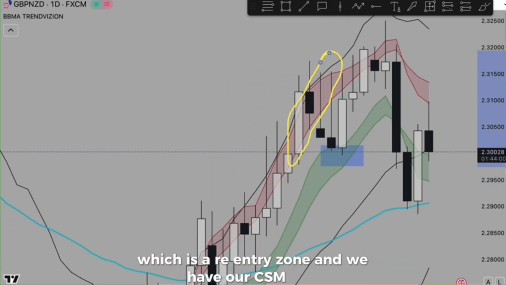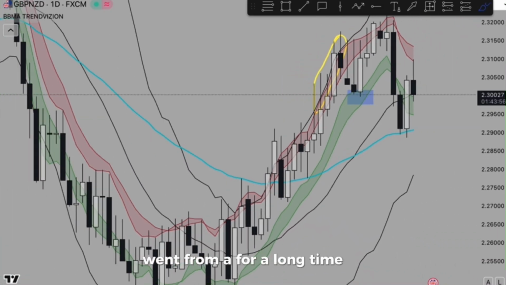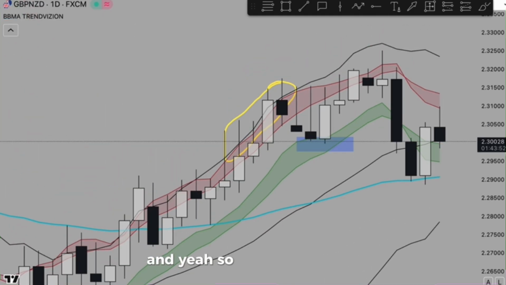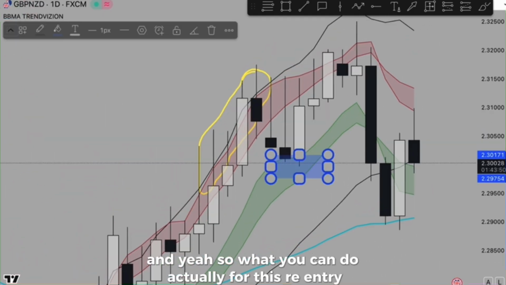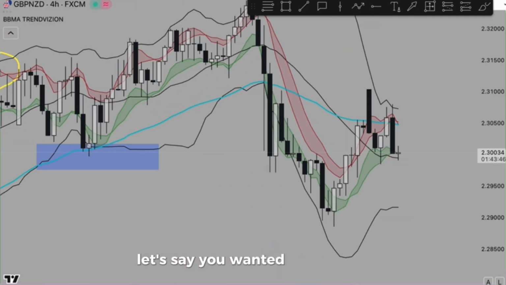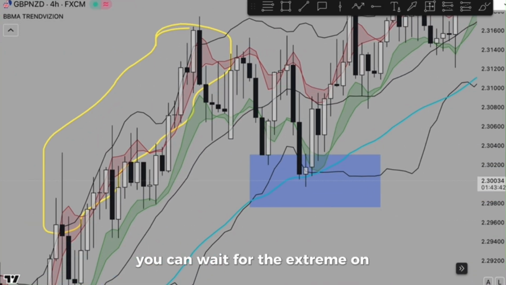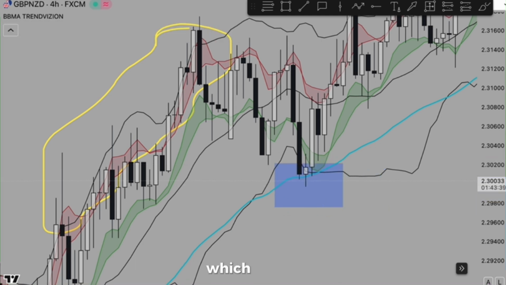And we have our CSM here. Went for a long time, as you can see here. So what you can do for this re-entry, let's say you wanted to take the re-entry, you can wait for the extreme on time frame 2, which is here.